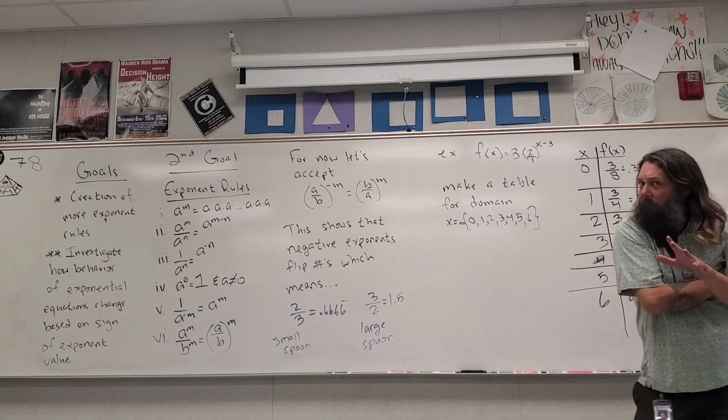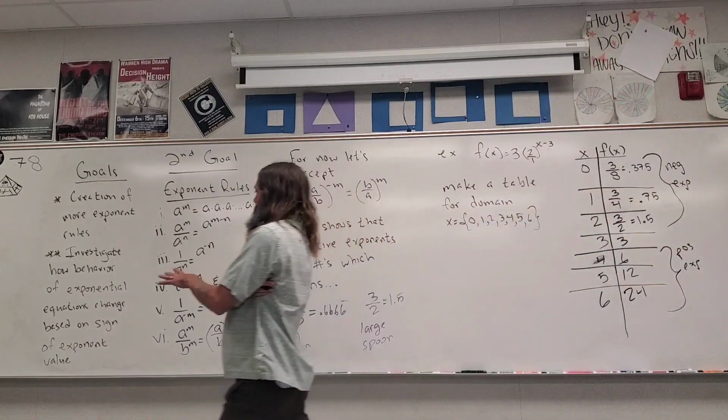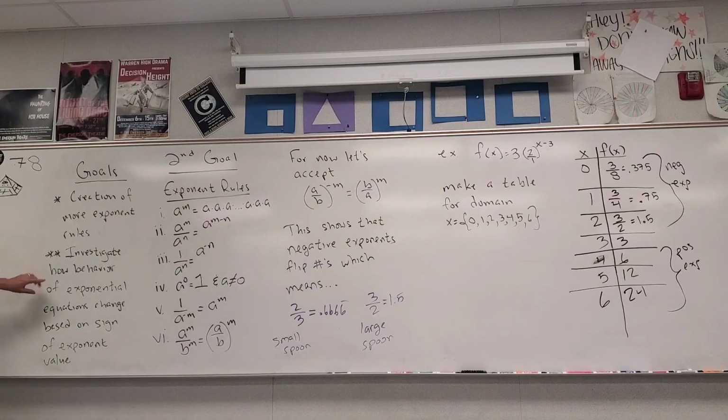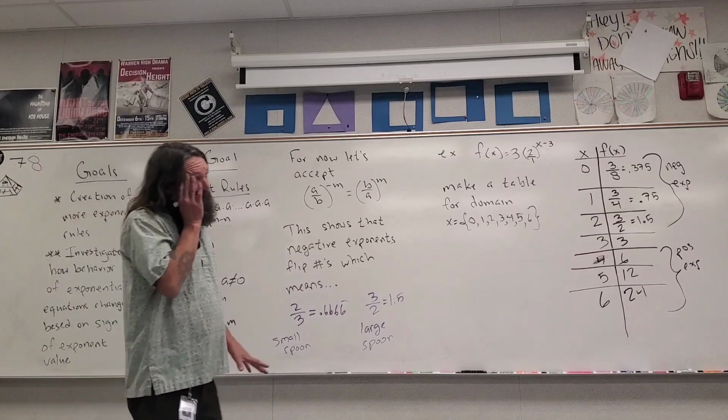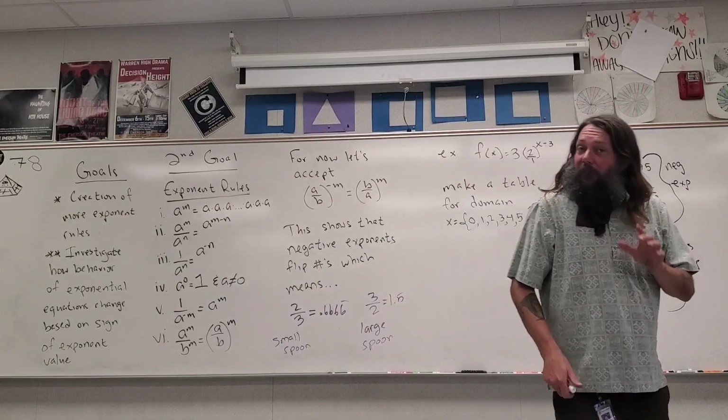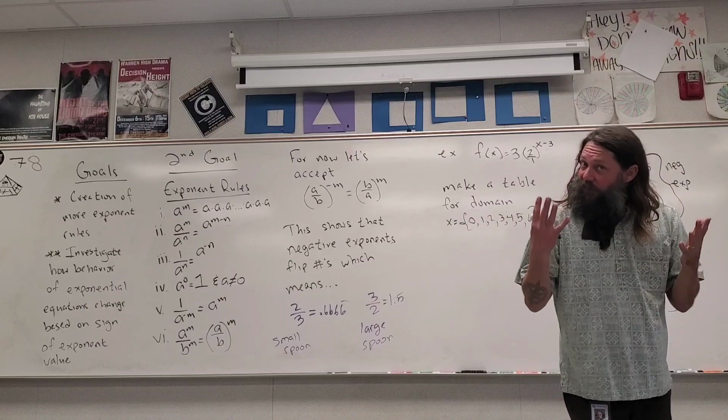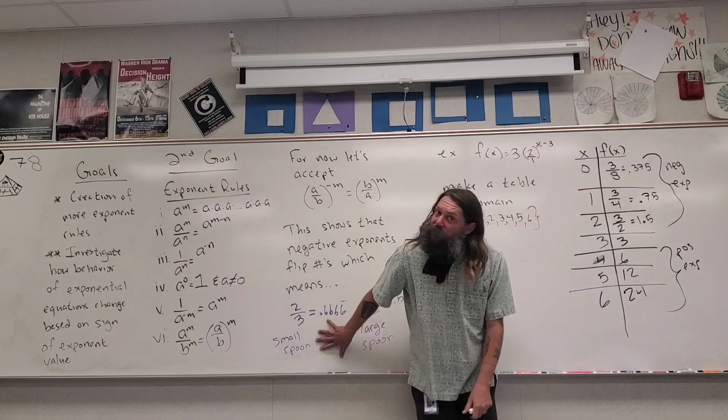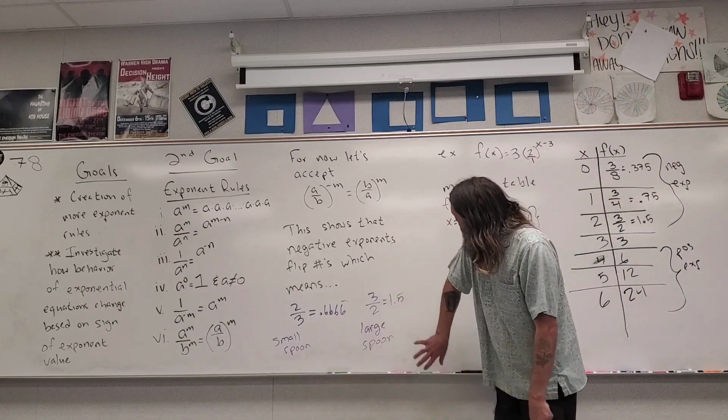So with these problems, again, the behavior changes based on the sign of the exponent. Right? So wherever we're at with the sign of the exponent, that determines, do I have a small spoon number or do I have a large spoon number?